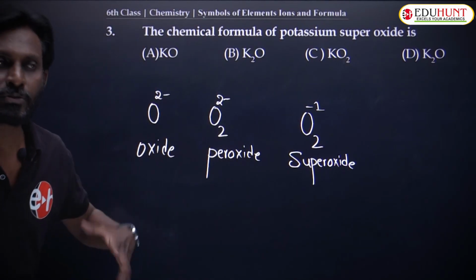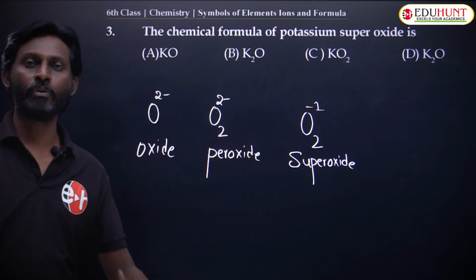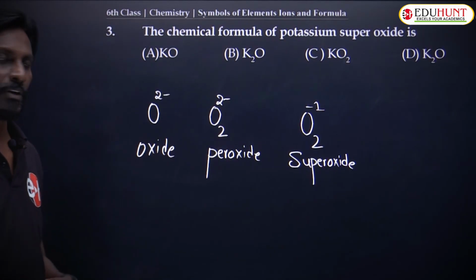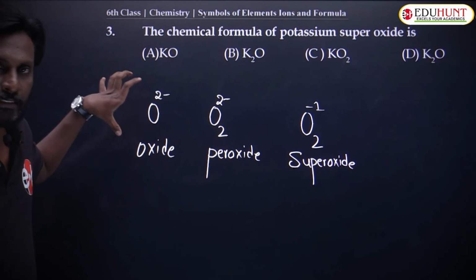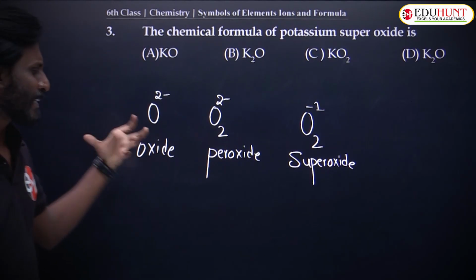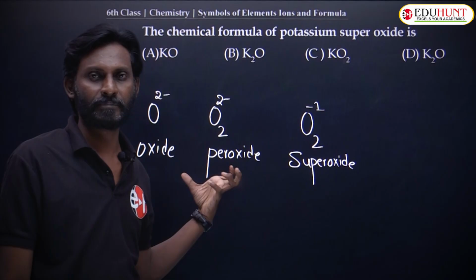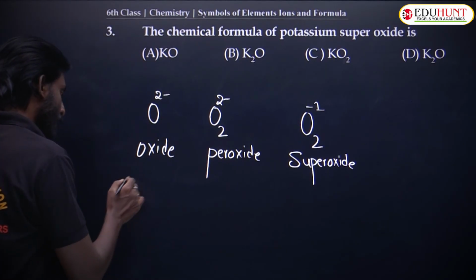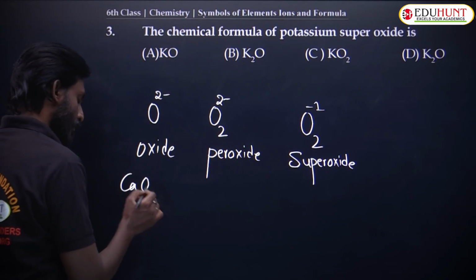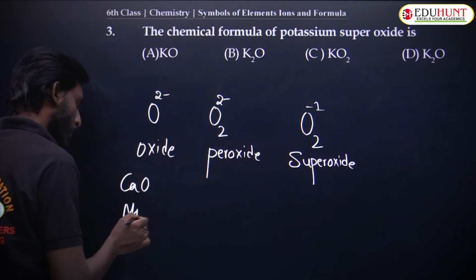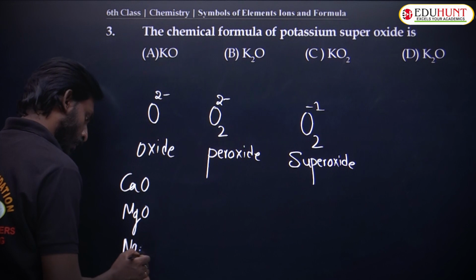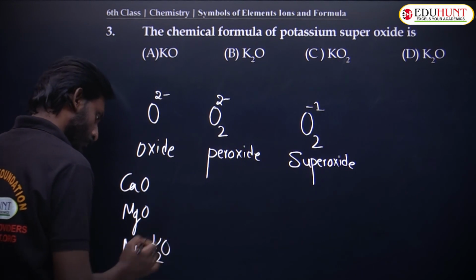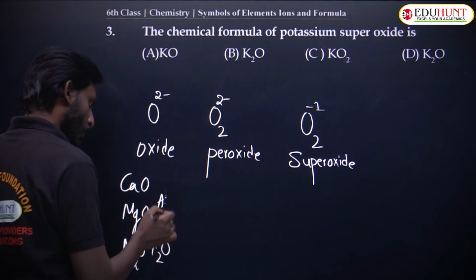Actually, most of the oxygen compounds are oxides. Oxygen will mostly be present in the oxide form, sometimes as a peroxide. Okay, I'll give you examples. CaO, calcium oxide, magnesium oxide, sodium oxide, potassium oxide, aluminum oxide.